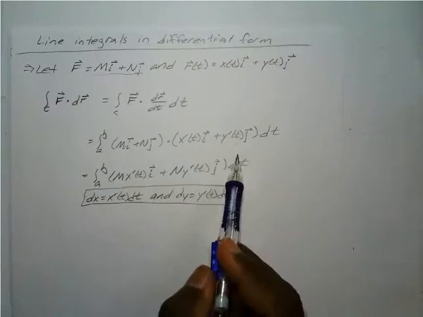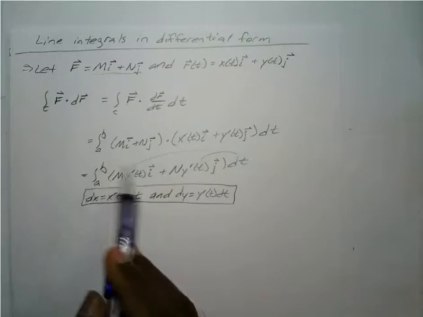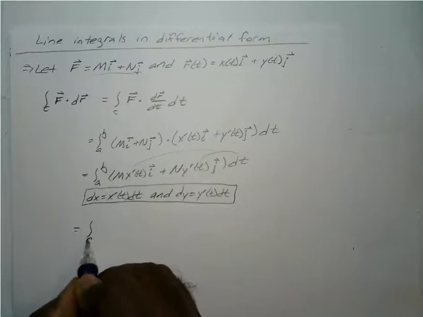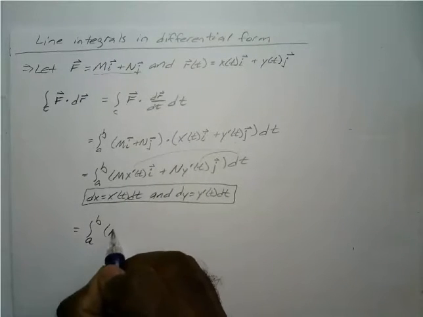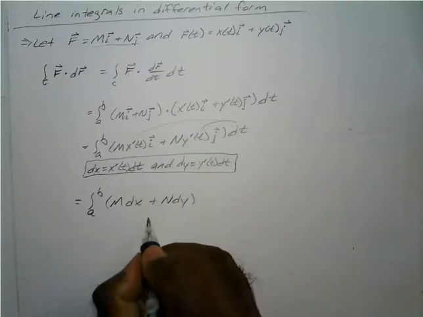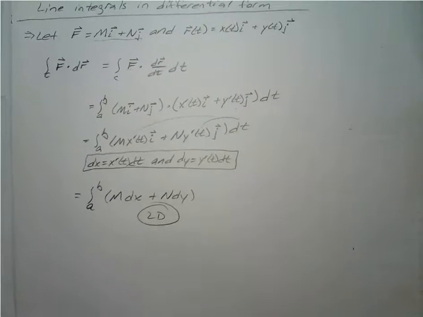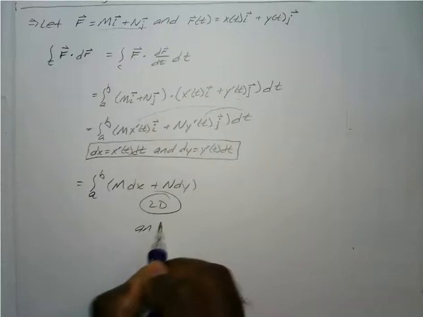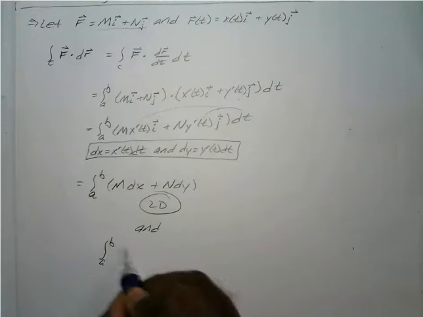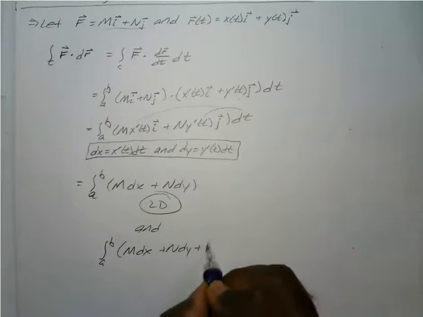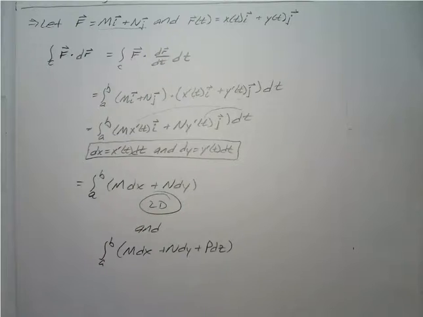Okay. Of course, our dt is right here. It just distributes the same way the integrals distribute. That's the integral from a to b, m dx plus n dy, which is what you would see for 2 dimensions. Of course, it would expand pretty much the same way for 3 dimensions. So the integral from a to b, m dx plus n dy plus t dz. That's how it would be in 3 dimensions.